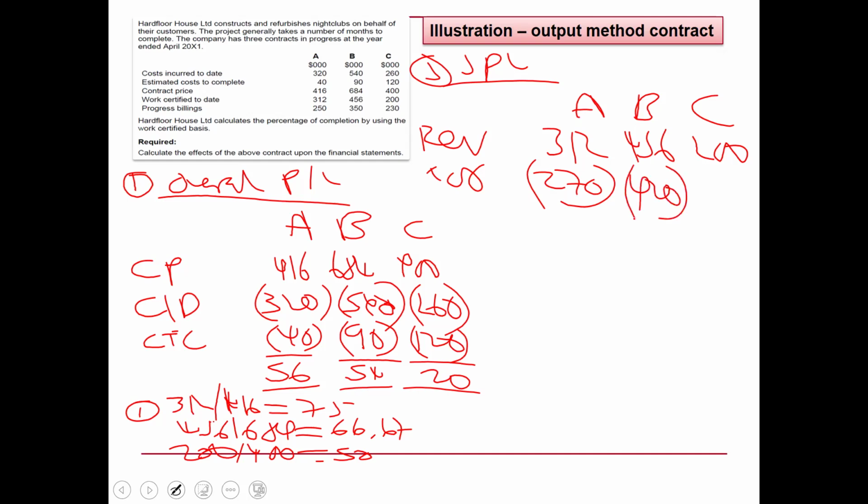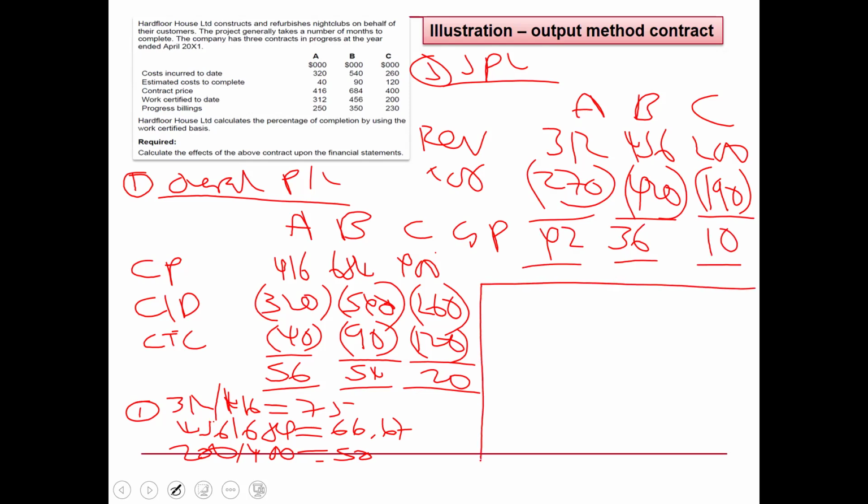And then we get 190 there. So our gross profit then becomes 42 there, 36 there, and 10 there. So that's your step number 3.